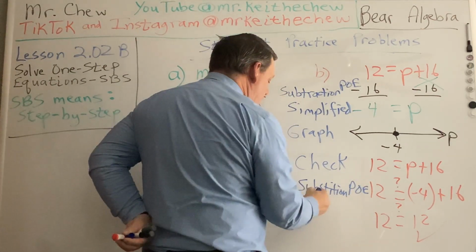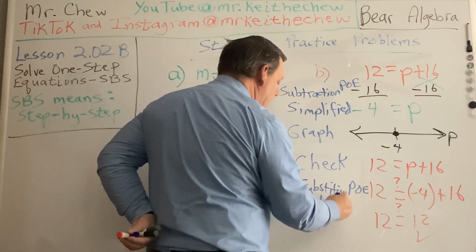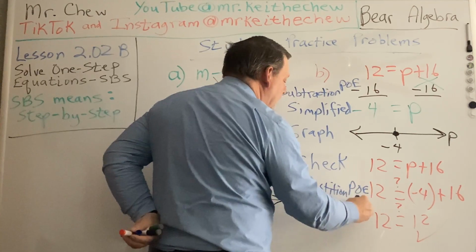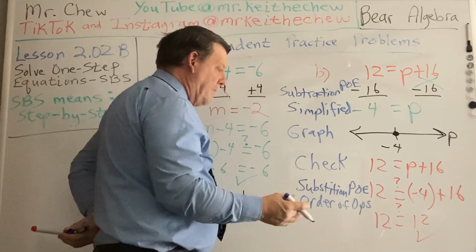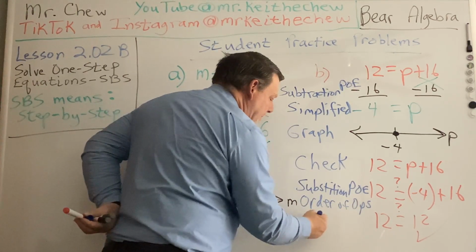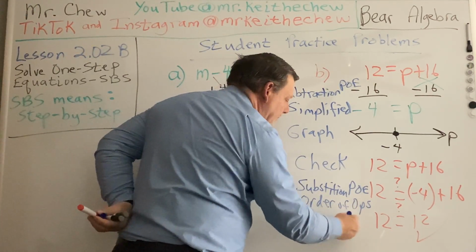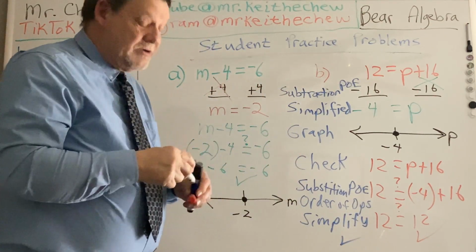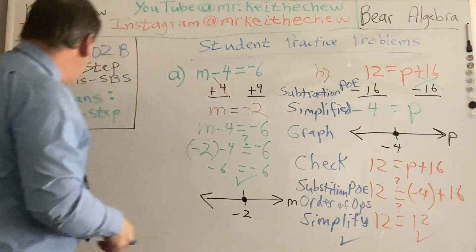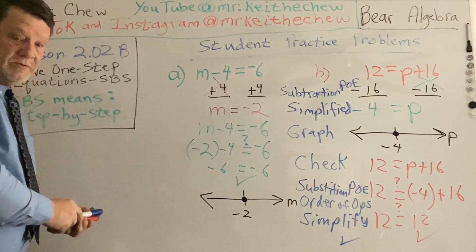Then I use the order of operations. And this is simple, but it gets a little bit harder when you're doing two-step equations. And then I simplify it, and it does check. So this is all the steps that are required in a step-by-step equation.